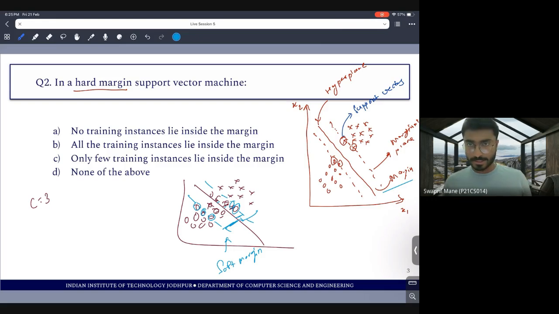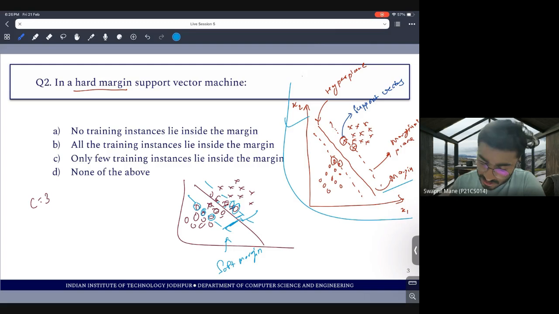Yeah, many students are stating that the A option is correct. Yeah, so the A option states that no training instances lie inside the margin. Yeah, this is the situation we have seen here, right? So this is a hard margin, right? Hard margin, and these points are training instances. Whatever the points we have seen, the training instances points are there.